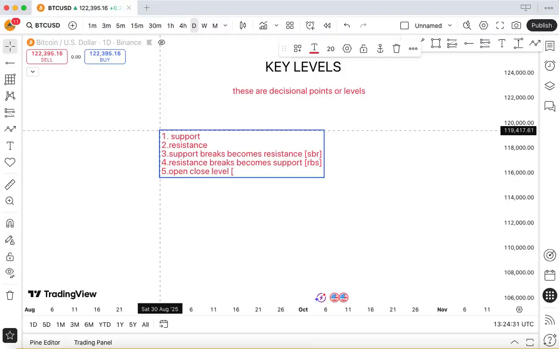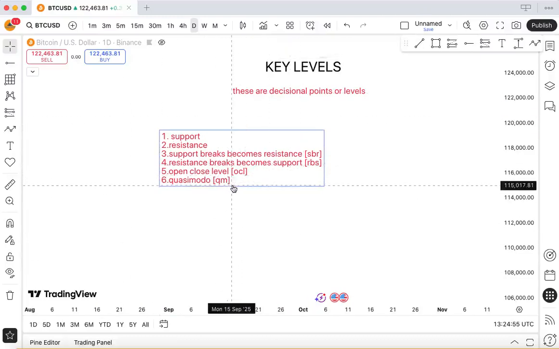In bracket we can call it the OCL, meaning the open close level. Then the sixth is the Quasimodo. I don't know if it is spelled like that. And in short we can call it the QM. I know a lot of us are familiar with this one.